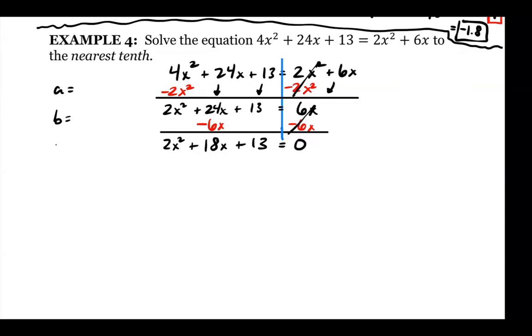A, B, C: 2, 18, 13. Multiply A times C. That's going to be 26.